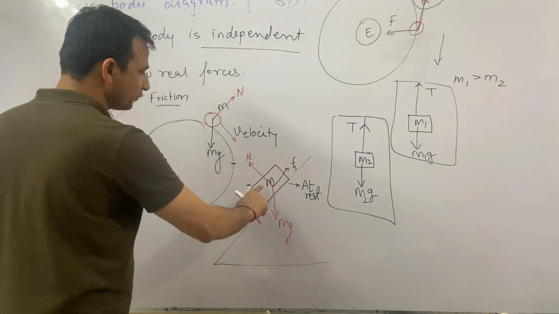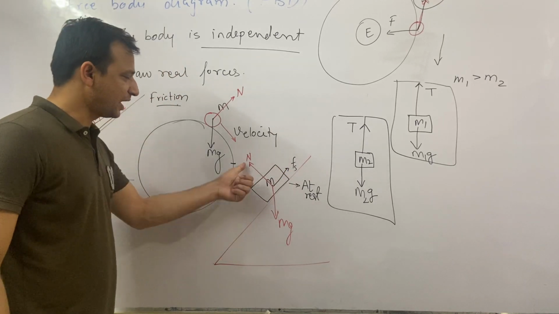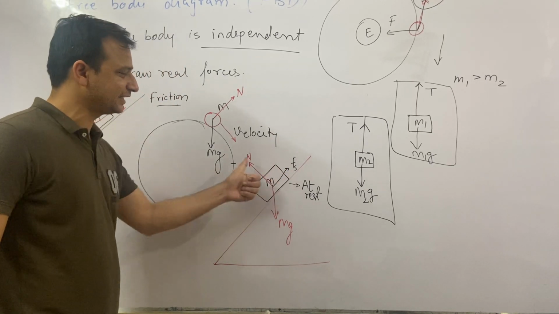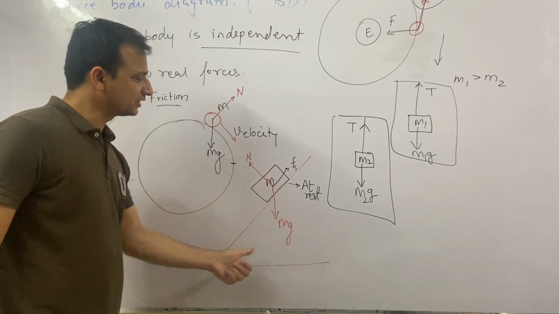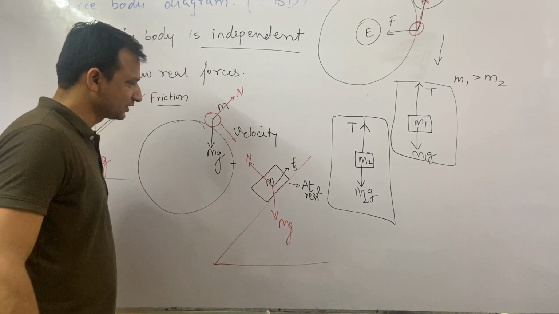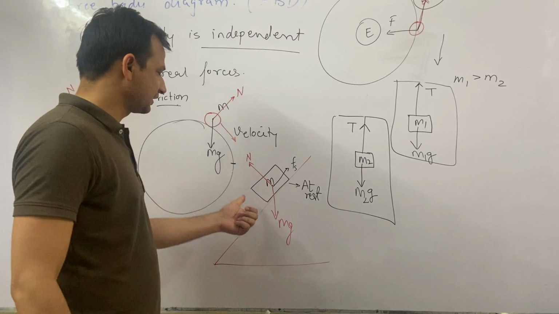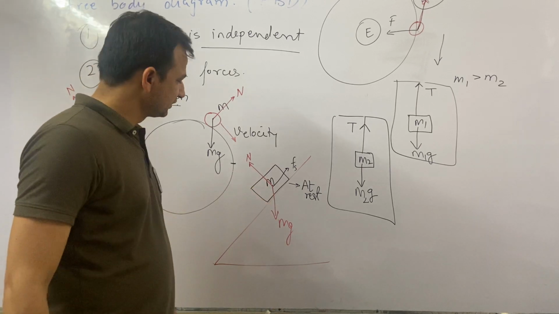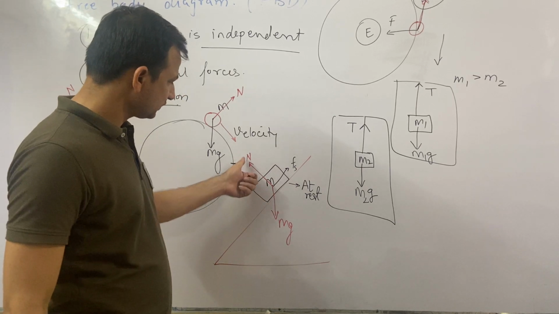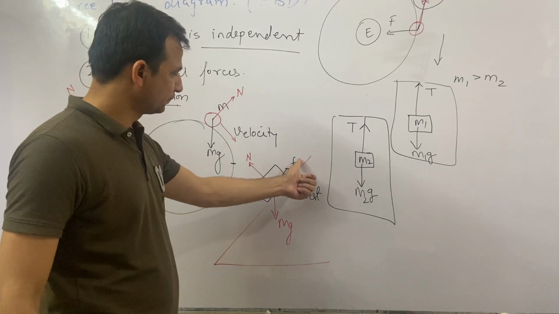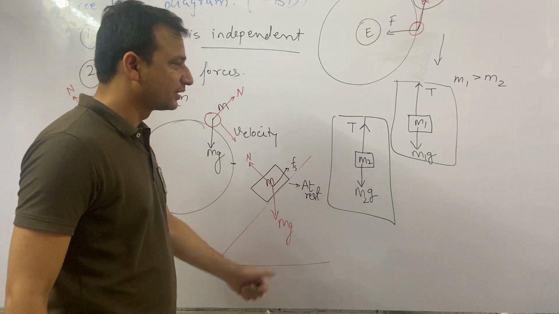Now if you add these three forces, you will find that they are cancelling each other. So the net force acting on the object is 0. So normal, friction and mg.